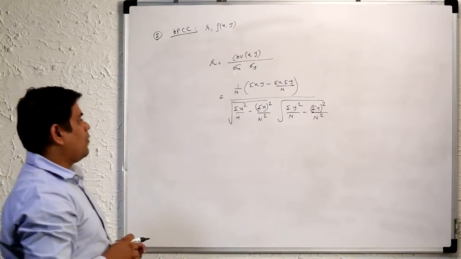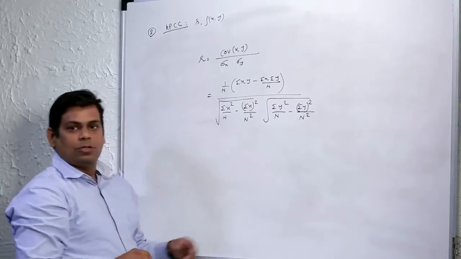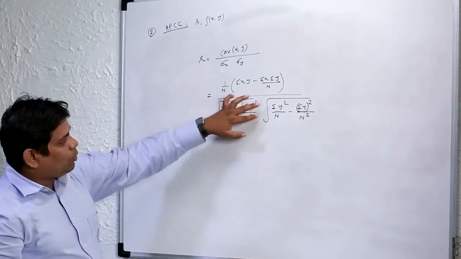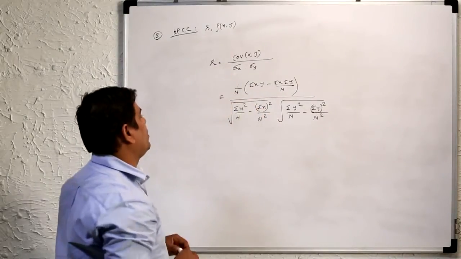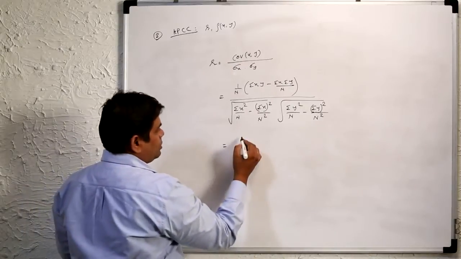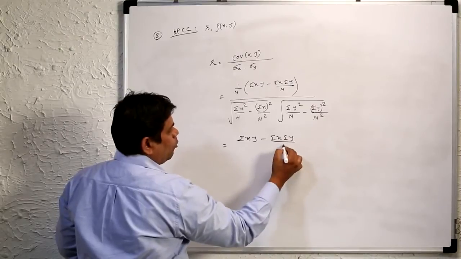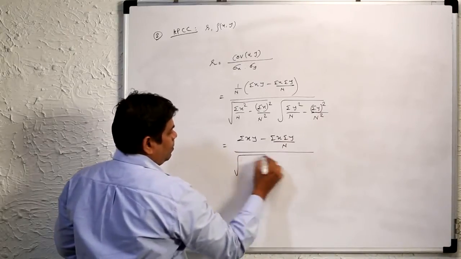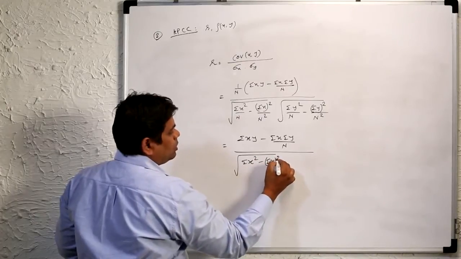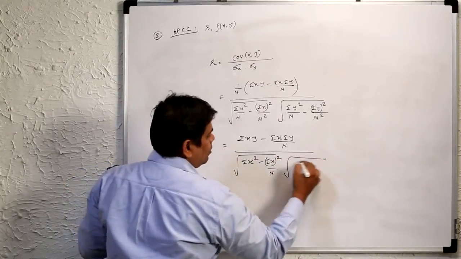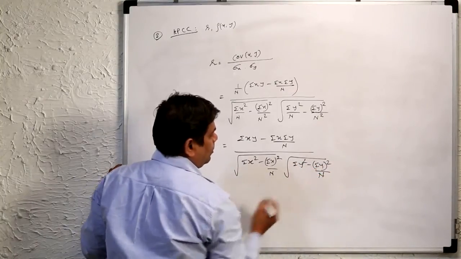One can take 1 by n out of the denominator, so outside it becomes 1 by n, which cancels with the 1 by n on top. The reduced formula is summation xy minus summation x summation y over n, upon root of summation x square minus summation x the whole square upon n, into summation y square minus summation y the whole square upon n.